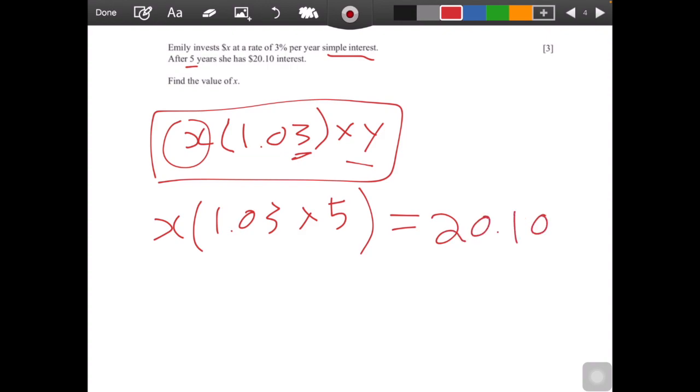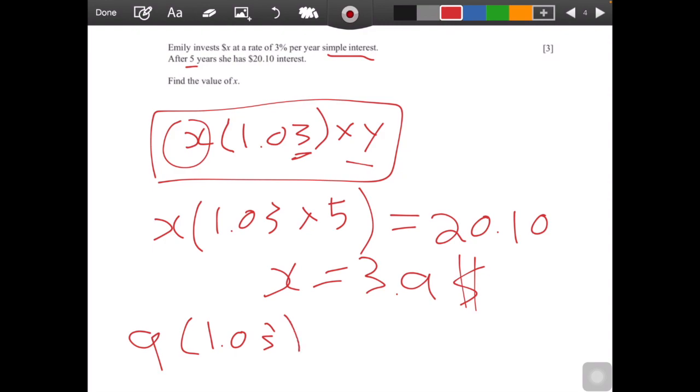Now we divide 20.10 by 1.03 times 5, and we get x is equal to $3.9. And to prove this, we can just plug it back into our equation. 3.9 times 1.03 times 5 is equal to 20.10. So our answer is $3.9.